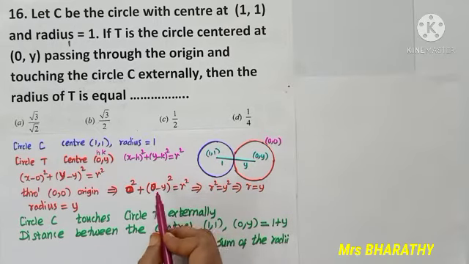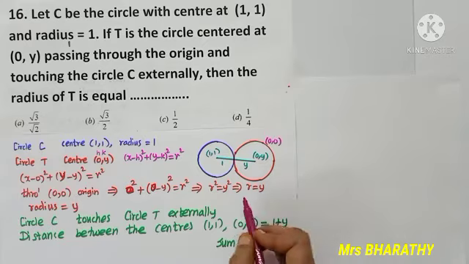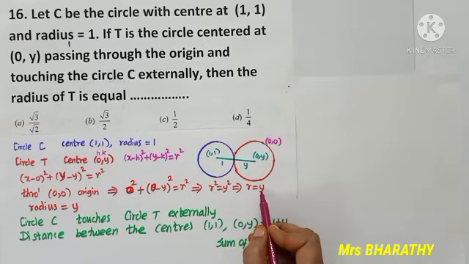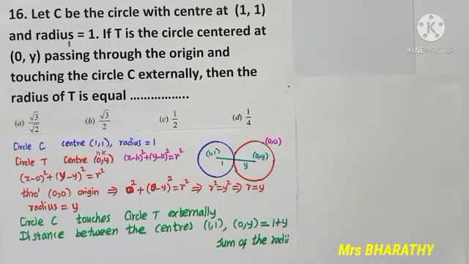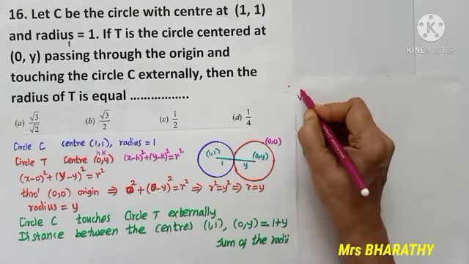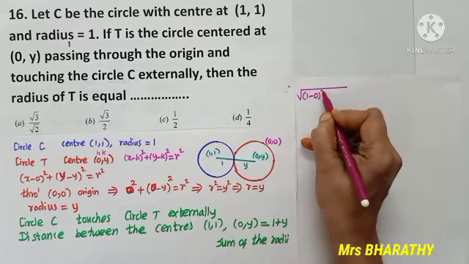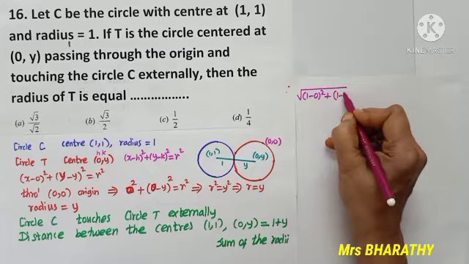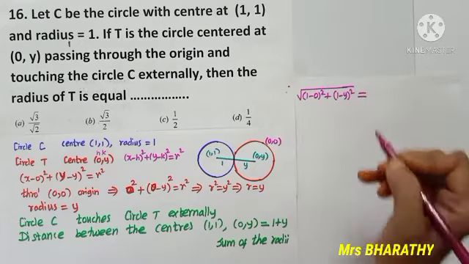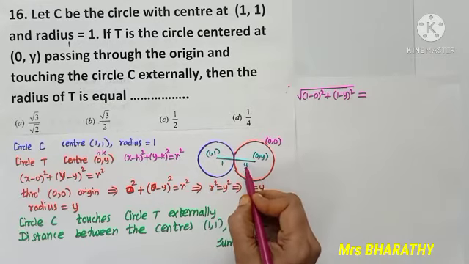As we simplify, we get small y square equals r square, or I can say the radius is nothing but y for the second circle. Once I know the radius, let me use in this condition distance between the centers, root of 1 minus 0 the whole square plus 1 minus y the whole square equals the sum of the radius, say 1 plus y.